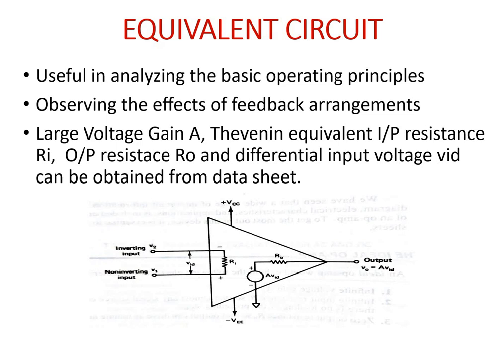You see this output voltage, it is A into VID. VID is the differential input voltage. Large voltage gain is A. Ri is the Thevenin equivalent input resistance and Ro is the Thevenin equivalent output resistance, and the differential input, as I said, is VID, and can be obtained from the data sheet.